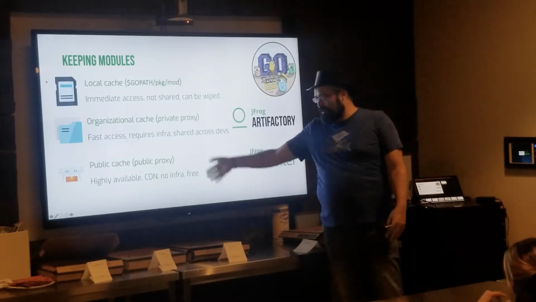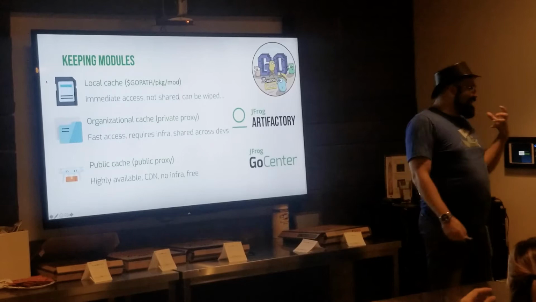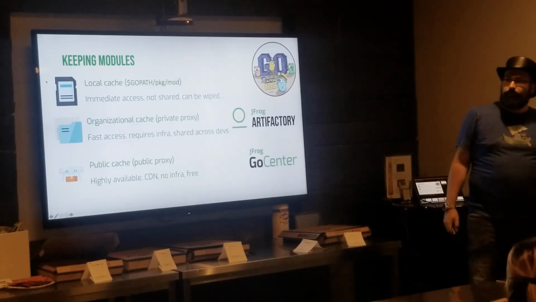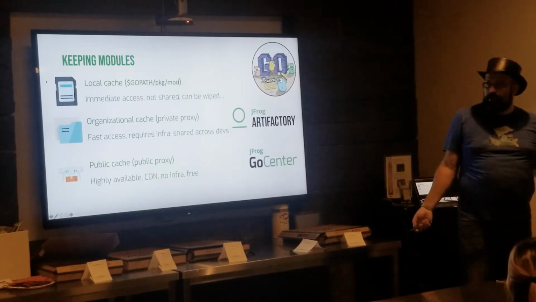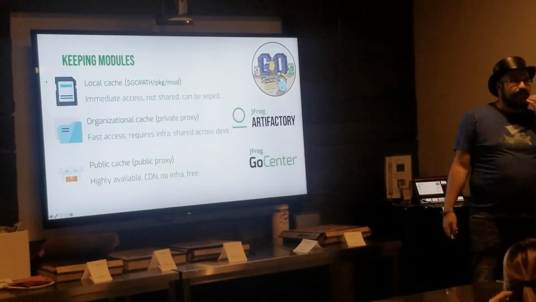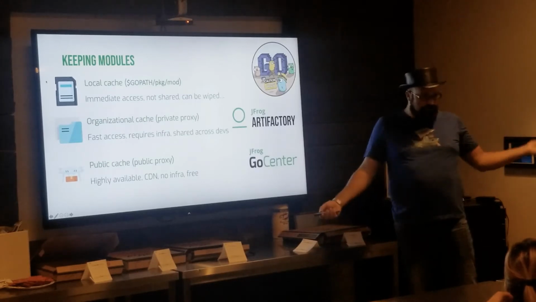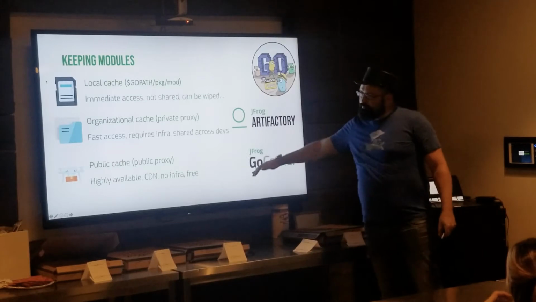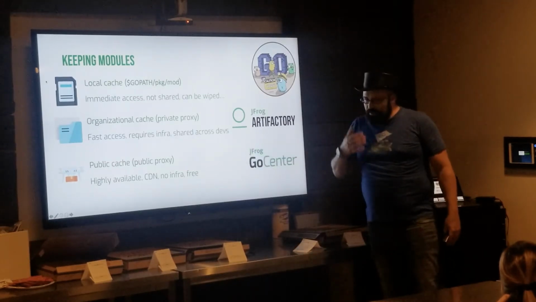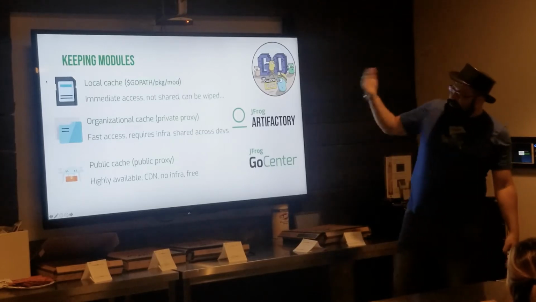It's free, you don't have to pay for anything, but obviously it only has open source modules and packages that can be built from open repositories on GitHub, right? So this is a hierarchy, and in an ideal world you should have all three, but sometimes you only have two.